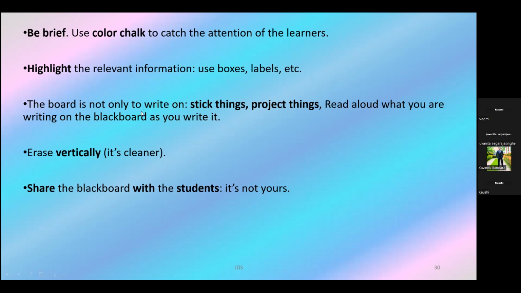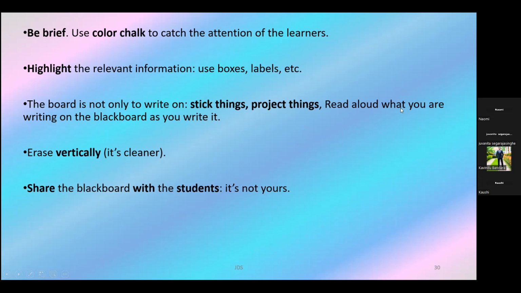The board is not only to write on, stick things, project. So in terms of using visual aids, the board is usually used to display visual aids. Make sure that even for that purpose, the board is being used.